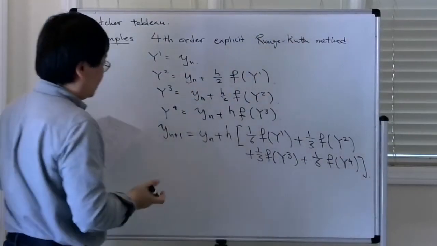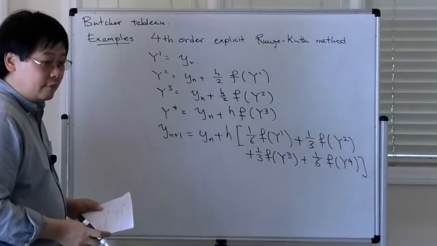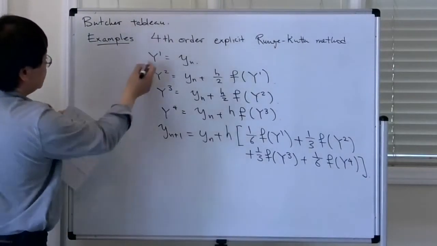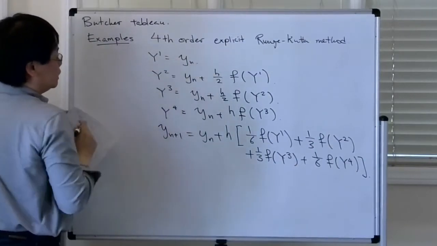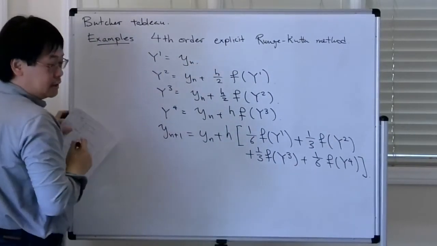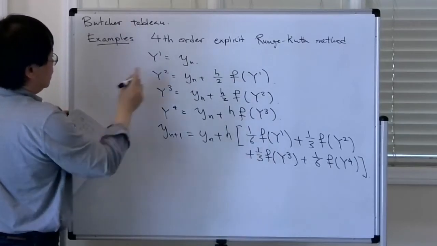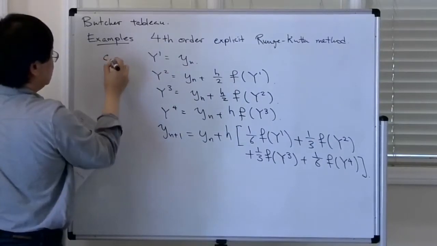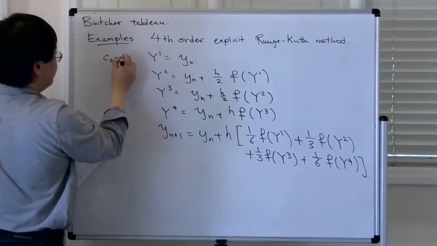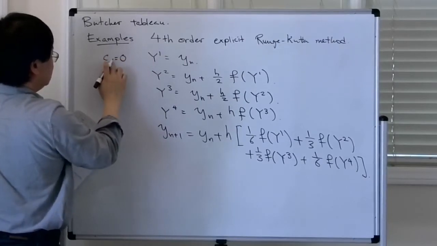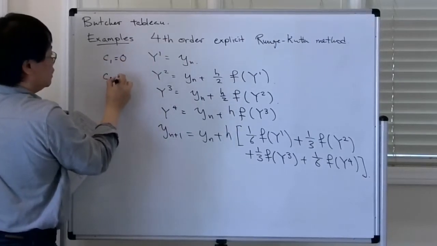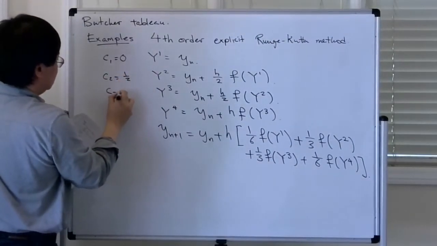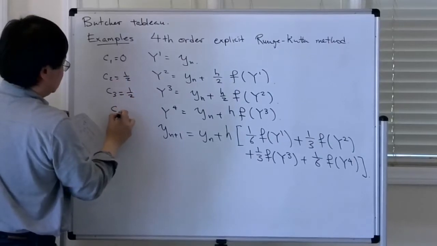So hopefully by now you should be fairly comfortable with reading off the coefficients of the Runge-Kutta method. So if you look at this, this has an approximation essentially at the time tn. So c1 here is just going to be 0, and then c2 is going to be 1/2, c3 is going to be 1/2, and then c4 is 1.